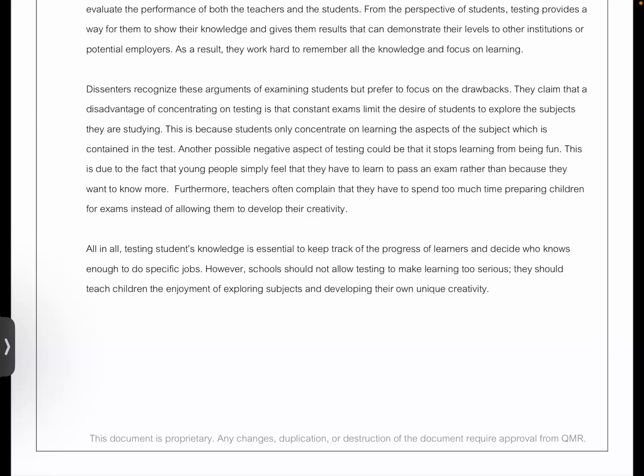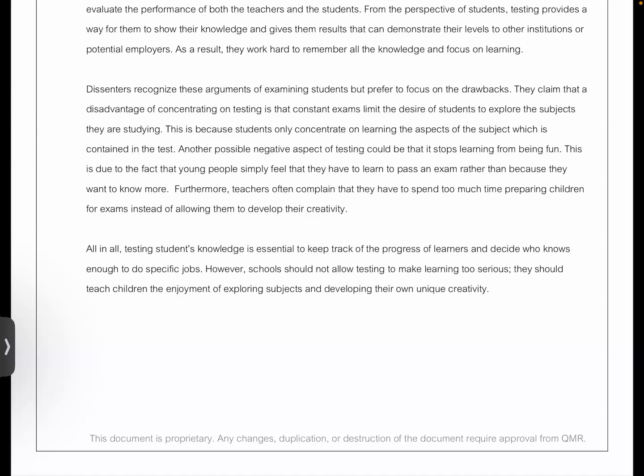However, schools should not allow testing to make learning too serious, and they should teach students the enjoyment of exploring subjects and developing their own unique creativity.